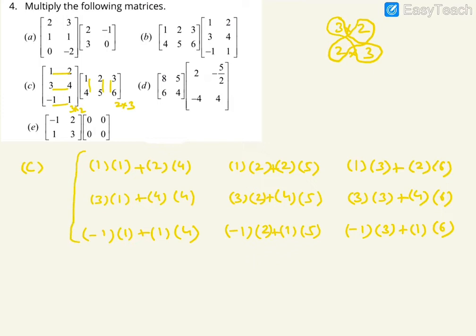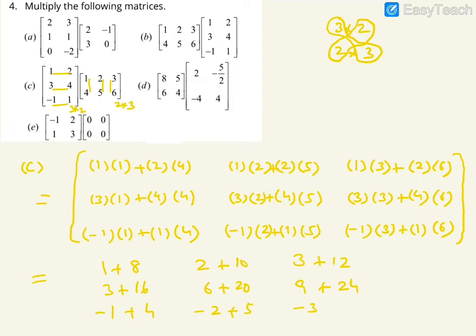So which is of order 3 by 3. Now 1 plus 8, just multiply, 3 plus 12, 3 plus 16, 3 times 2 is 6 plus 20, 9 plus 24, minus 1 plus 4, minus 2 plus 5 and minus 3 plus 6.